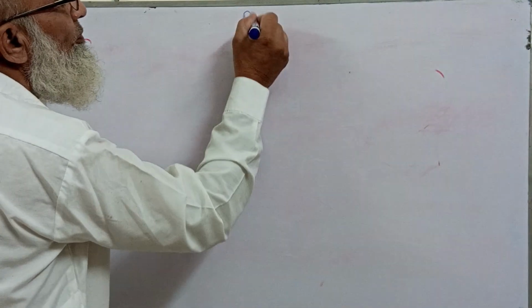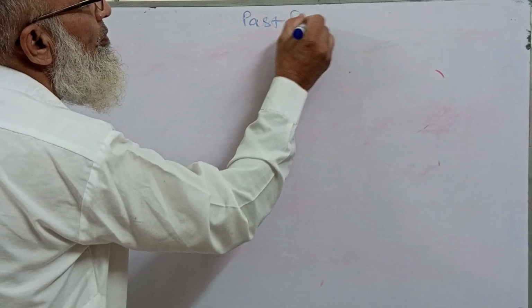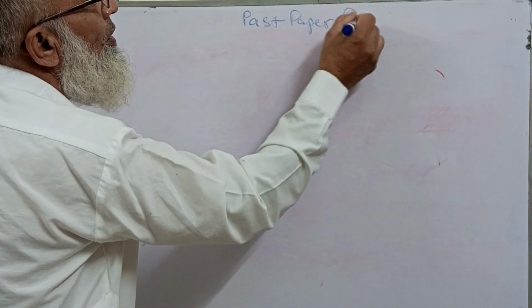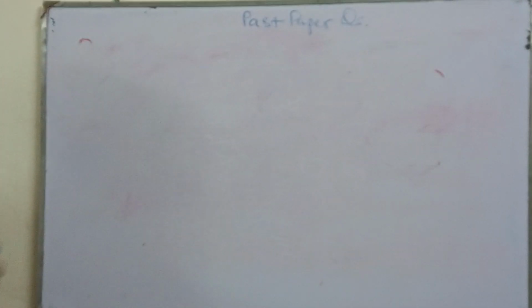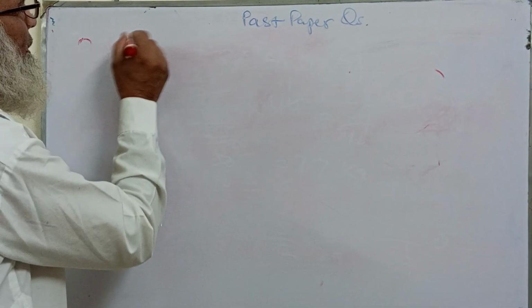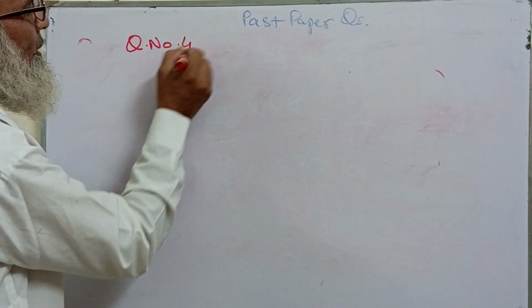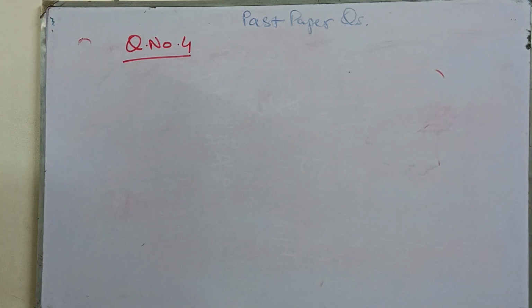Okay, without using your calculator, work out. Now this is a past paper question, and question number 4 is under consideration, and we are not allowed to use our calculators.